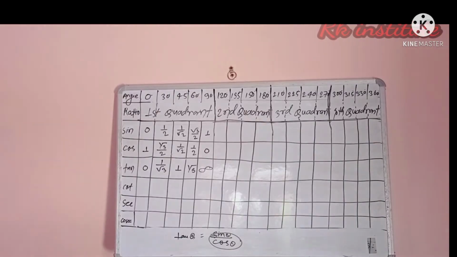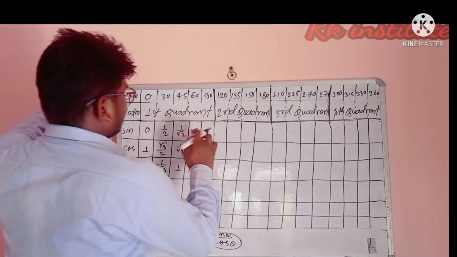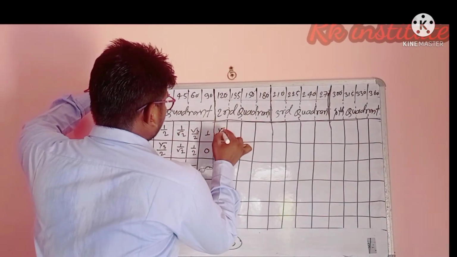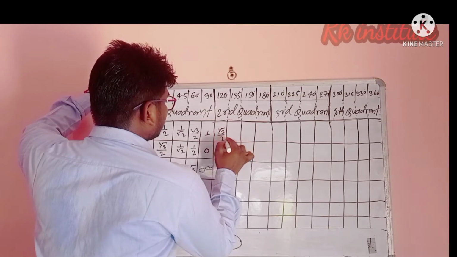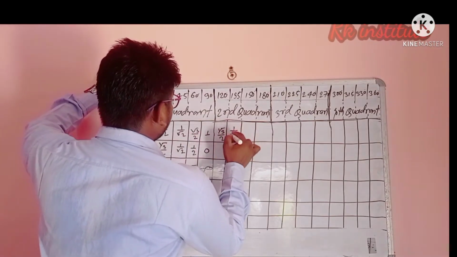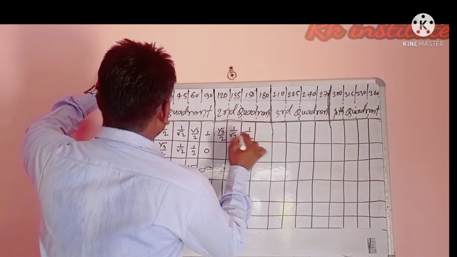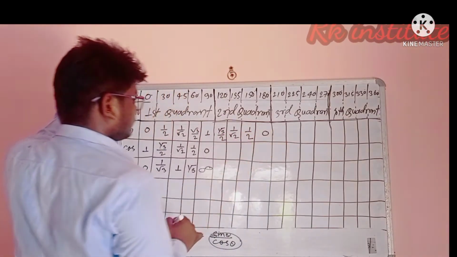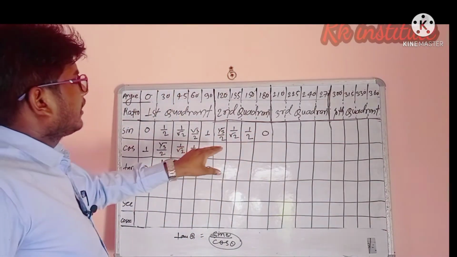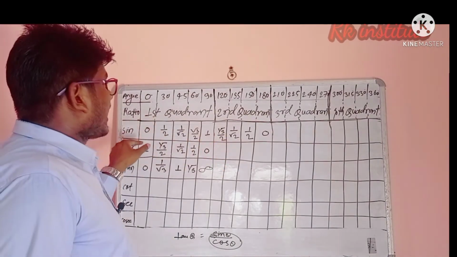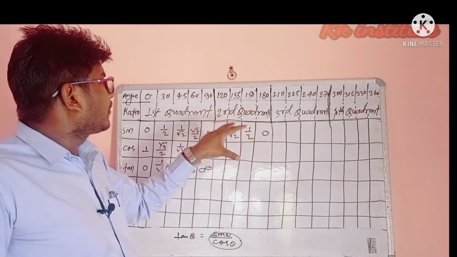After that we write the values for the second quadrant: root 3 by 2, 1 by root 2, 1 by 2 and 0. This is the value of sine in the second quadrant.